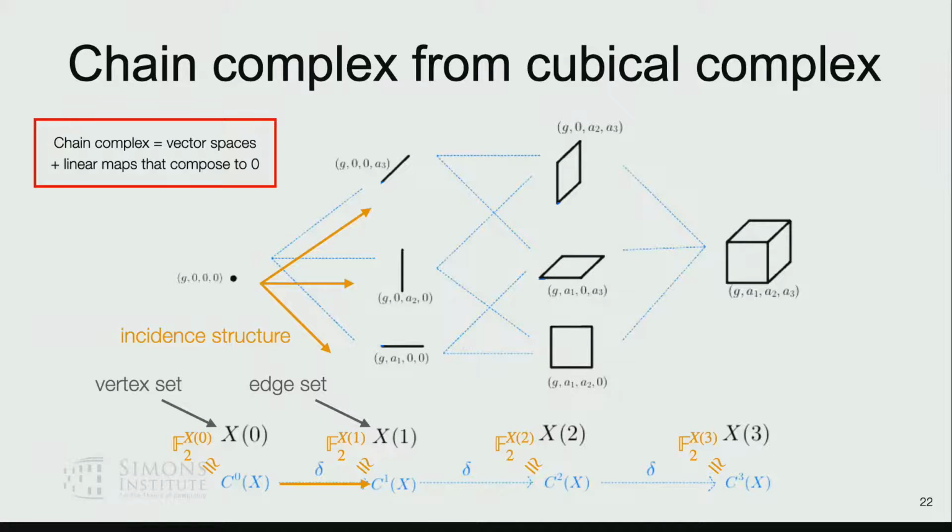That defines the first map, and you can do the same for the other maps. Now we can check that they compose to 0. The reason is that whenever we have a point and a square, they always share two edges. And because we are over F2, these two paths just compose to 0.